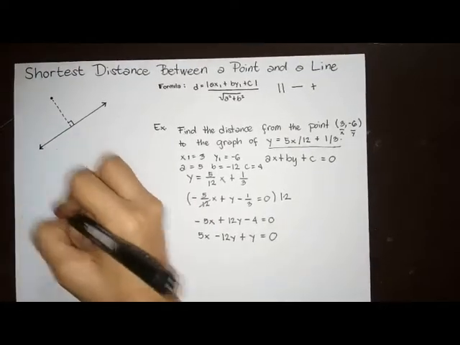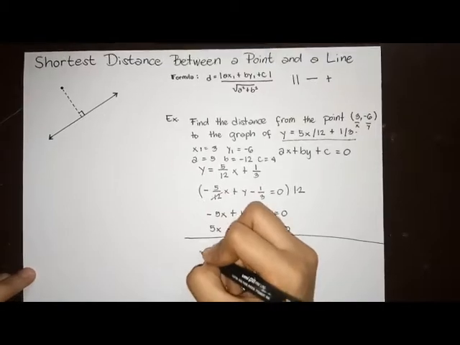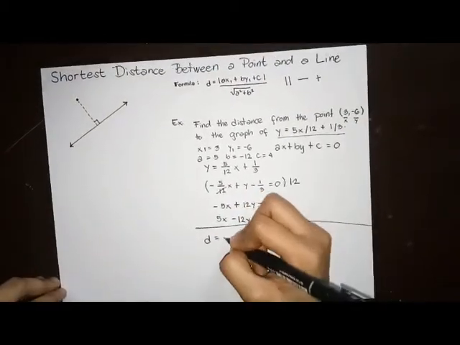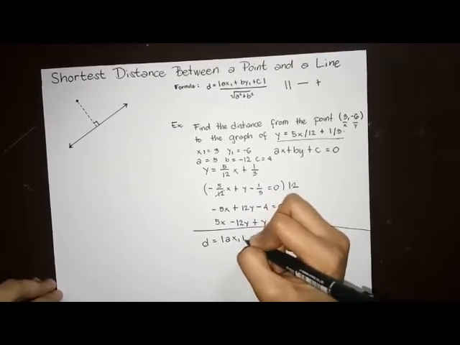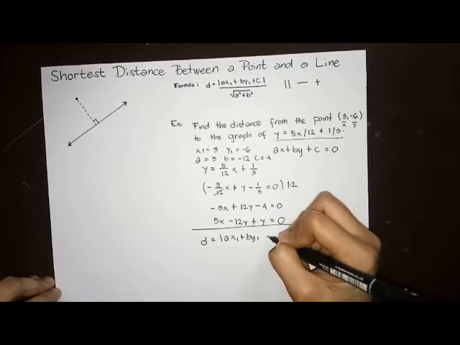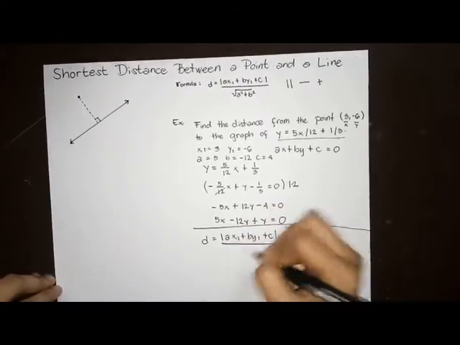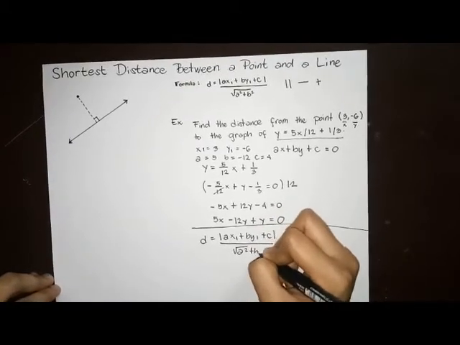So here we have distance D equals the absolute value of ax1 plus by1 plus c divided by the square root of a squared plus b squared.